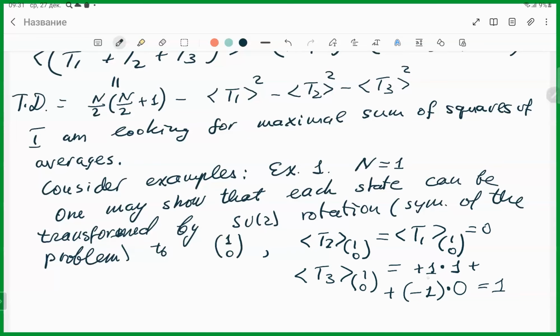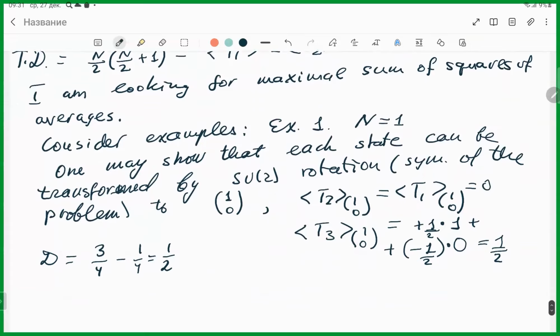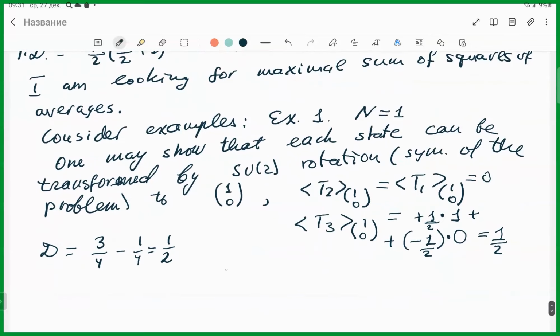Sorry, 1/2. So altogether I have a dispersion, that is 1/2 plus 3/2, 3/4 minus 1/4, it is 1/2. It is the only possible dispersion.